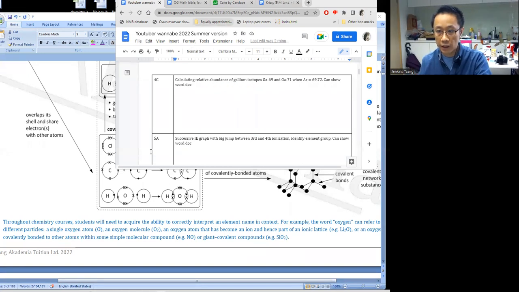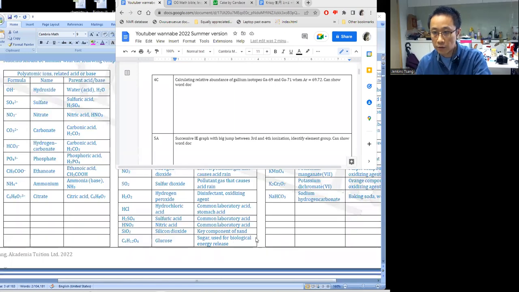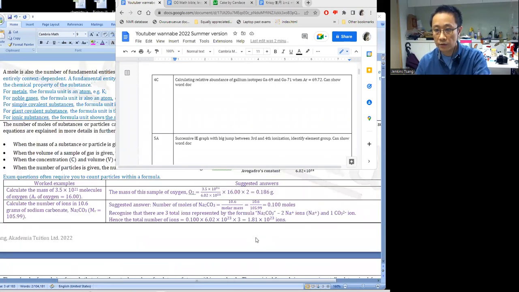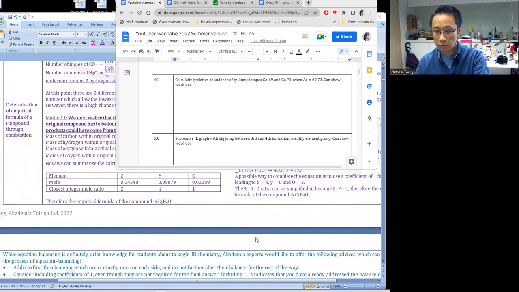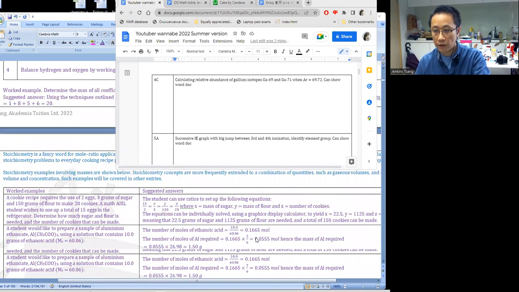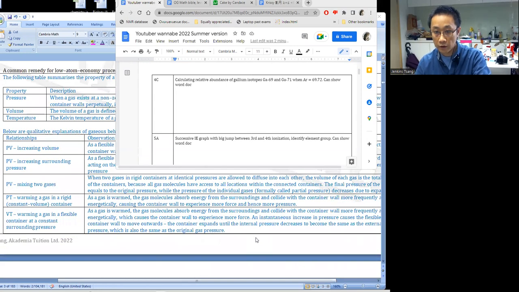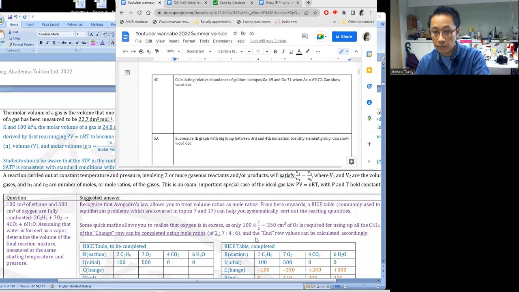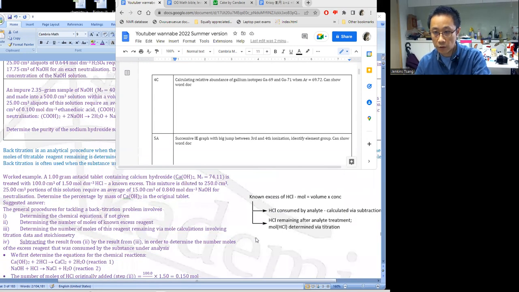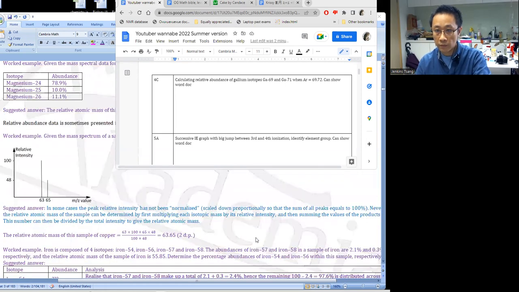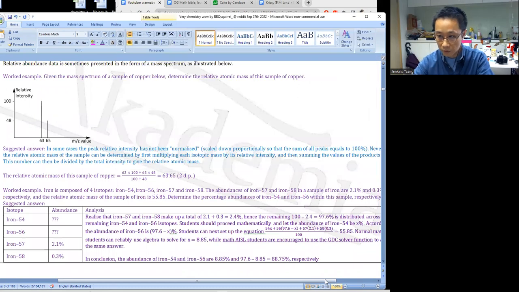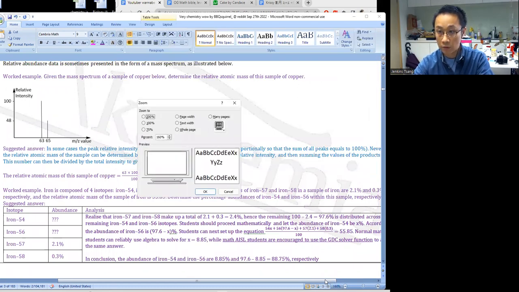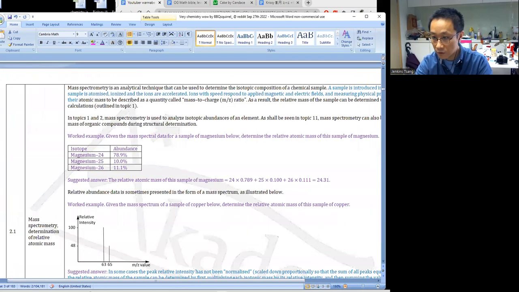Will they be savage enough to give you a 3 or more component situation? It has shown up in some older papers, but it also involves just setting up an algebraic equation. I'll give you my iron example here.